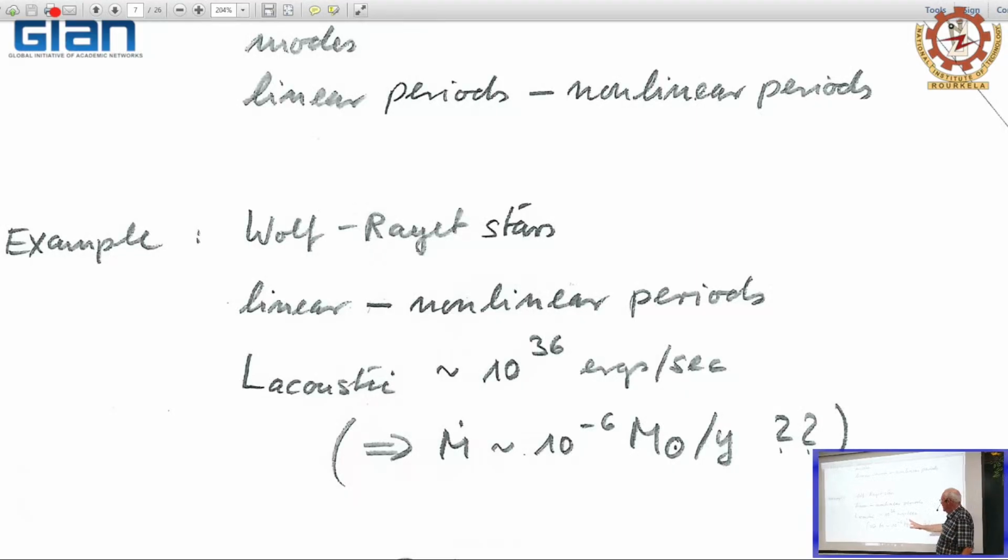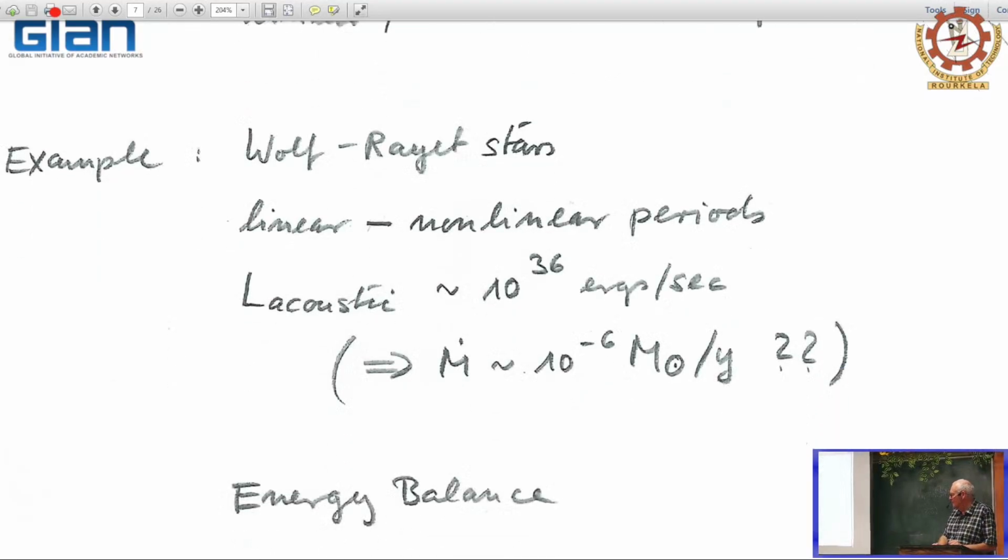The acoustic energy, as described before for the 45 solar mass star, is now of the order of 10 to 36 ergs per second, which gives a mass loss rate of approximately 10 to minus 6 solar masses per year.